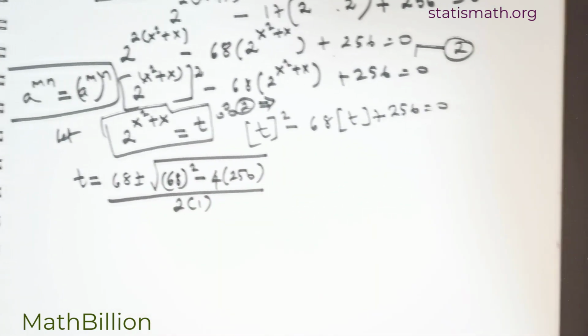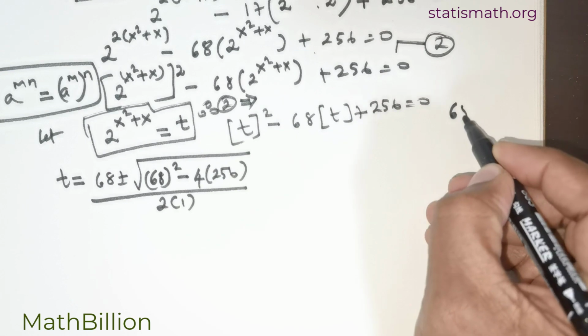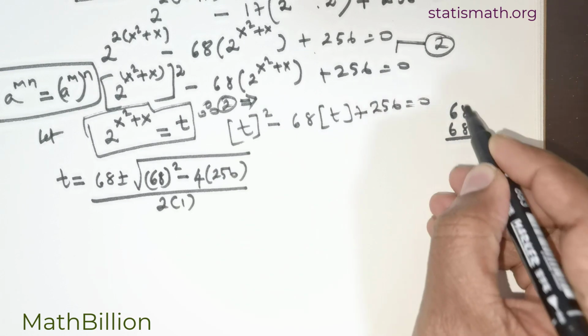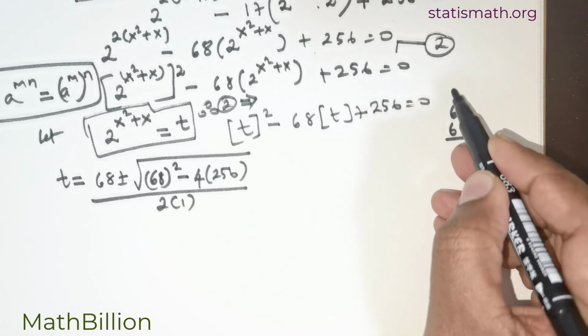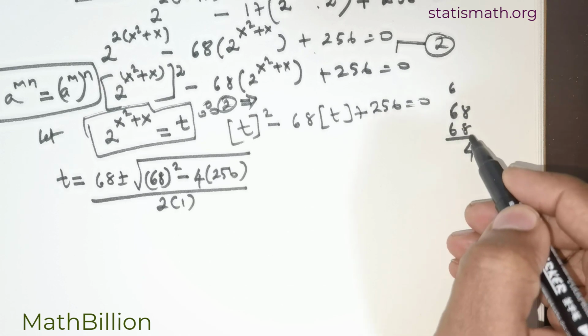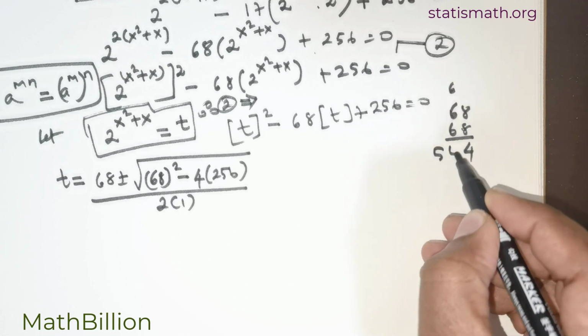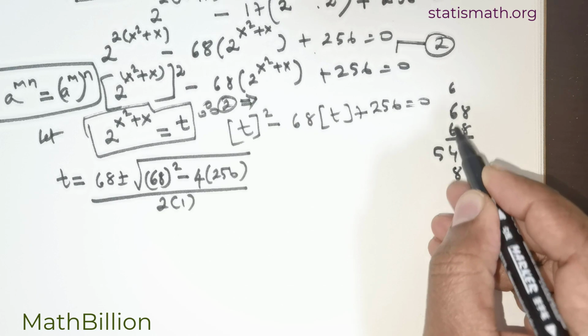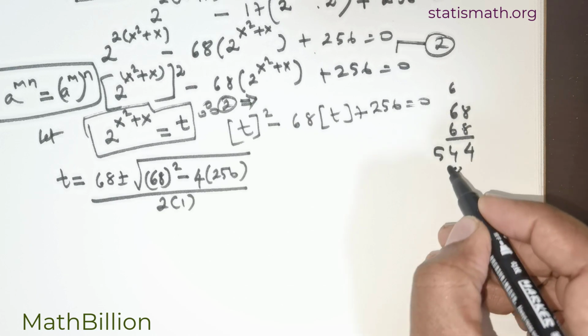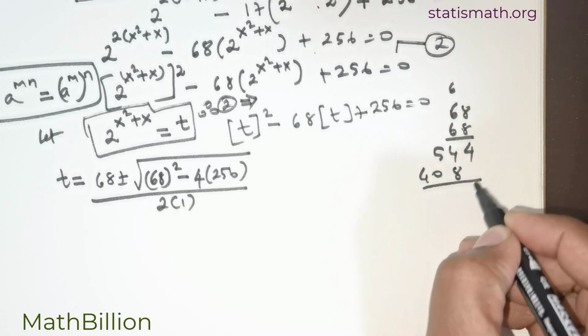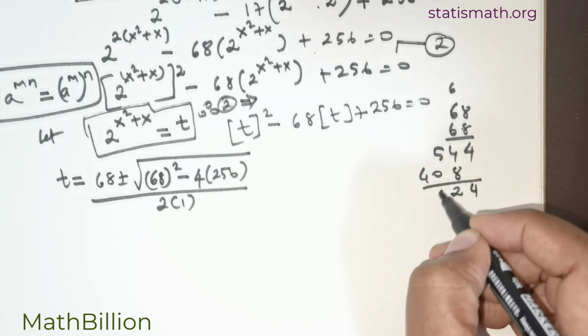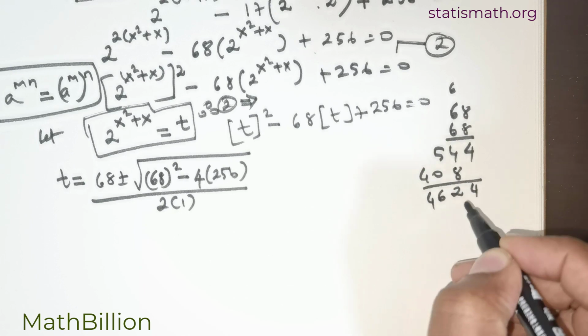Now let me just multiply 68 times 68. 8 8s are 64, carry 6, 6 8s are 48 and 6 is 54, 6 8s are 48, 4, 6 times 6 is 36, added with 4 gives me 40.